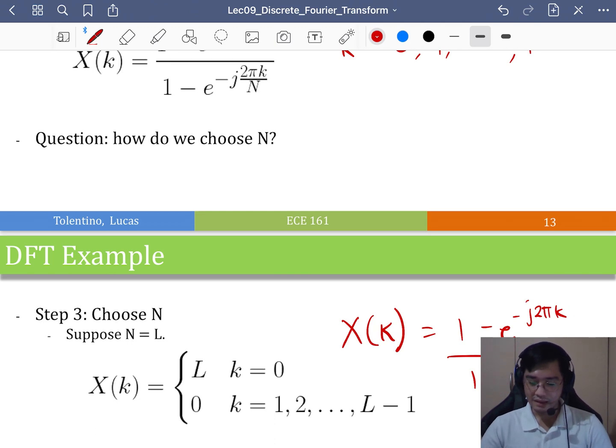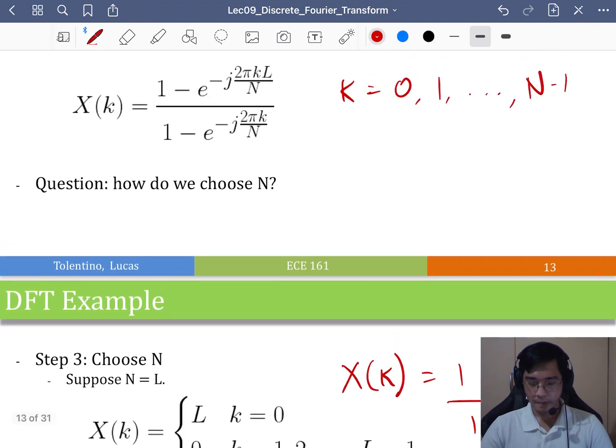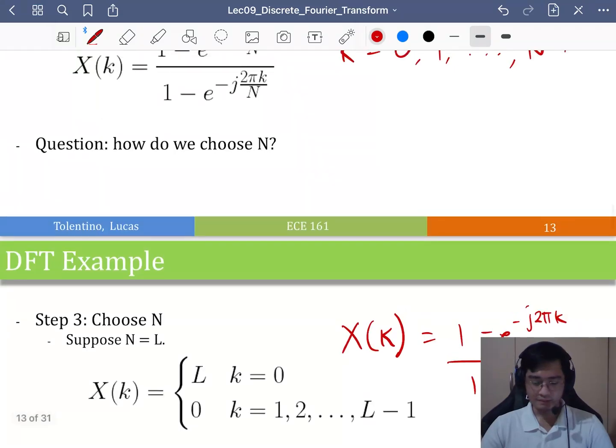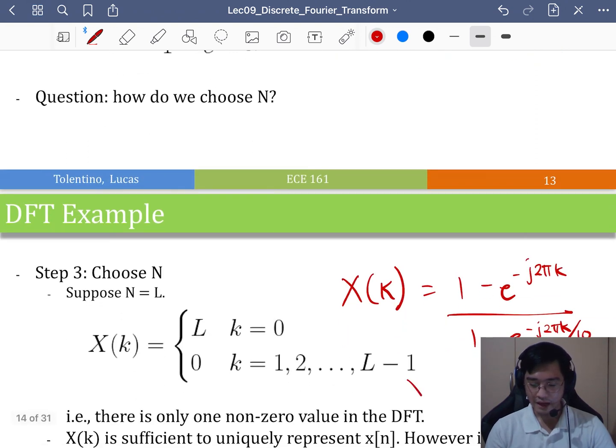Now, if we choose k equal to 0, X of 0 is equal to 1 minus 1, right?